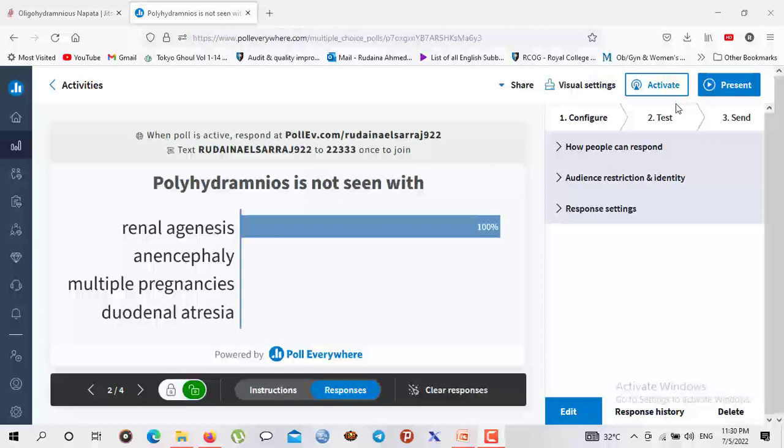Alright guys, thank you for your participation. Okay, for the first question, it read: polyhydramnios is not seen with, and yes, all of you have answered renal agenesis, which is the correct answer.